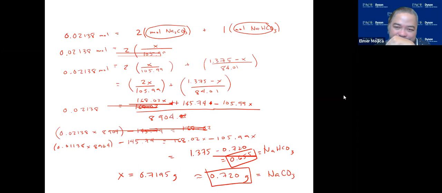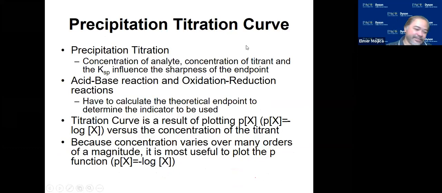Questions so far? Question? Before we go with another type of titration, this is the precipitation titration.